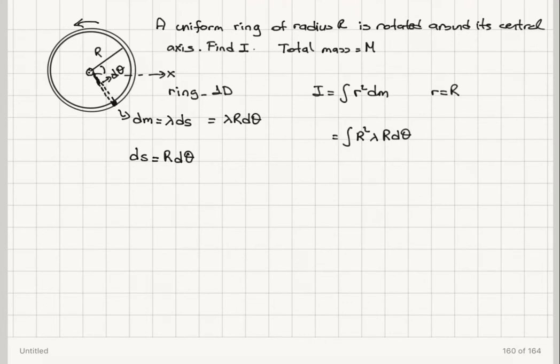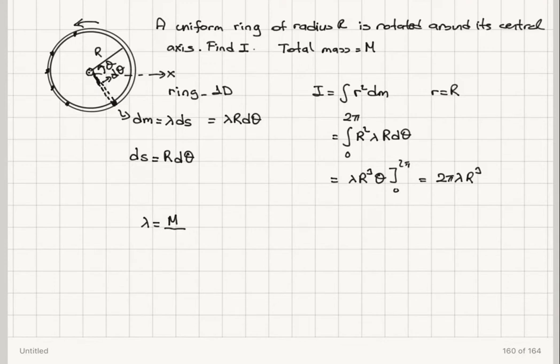If this is my x-axis here, I define my angle with respect to the x-axis. It has to go from 0 to 2 pi, so that I cover the whole ring, all such mass elements contributing to the moment of inertia. So this is going to be equal to lambda r cubed theta from 0 to 2 pi, so it will be 2 pi times lambda r cubed. Now the question is, what is lambda here?